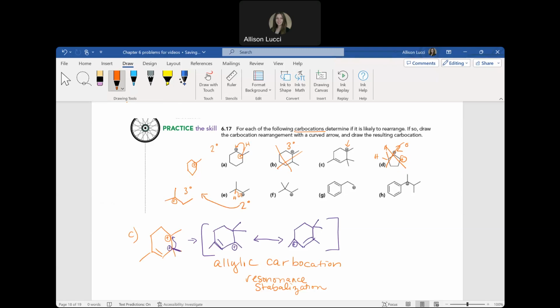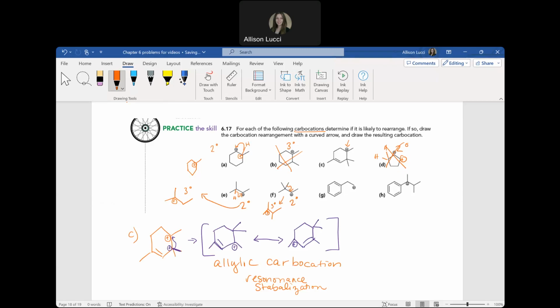With example F, we could have this secondary carbocation undergo a methyl shift, and our result would be a tertiary carbocation once again. That could look like this here. So there's our tertiary carbocation that will result for F.